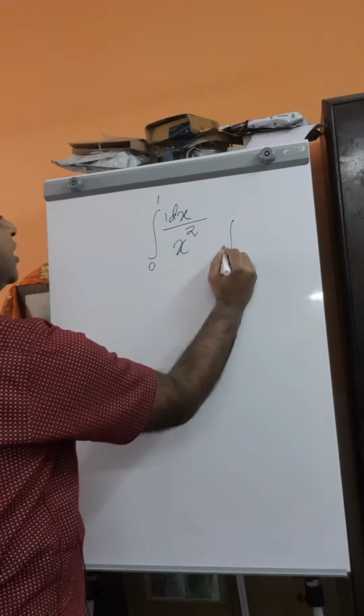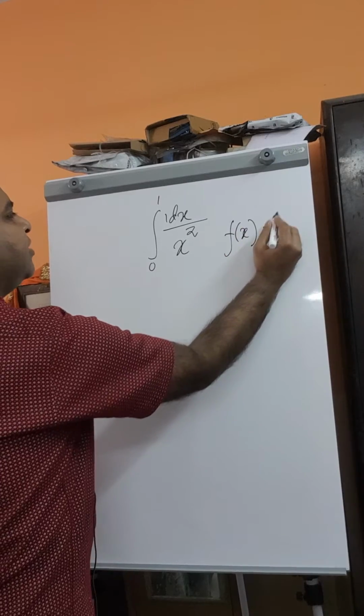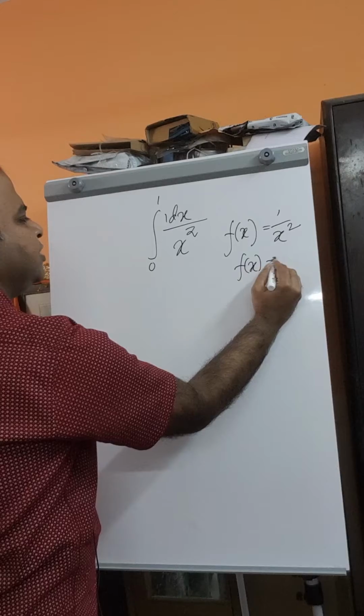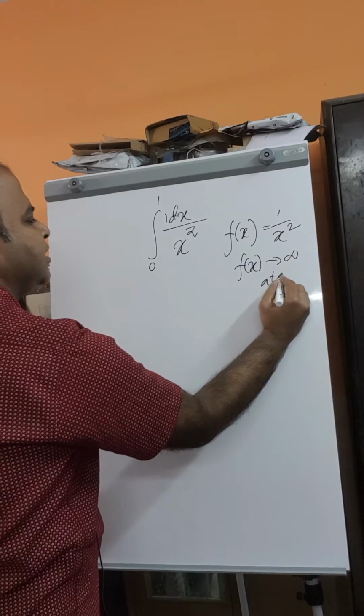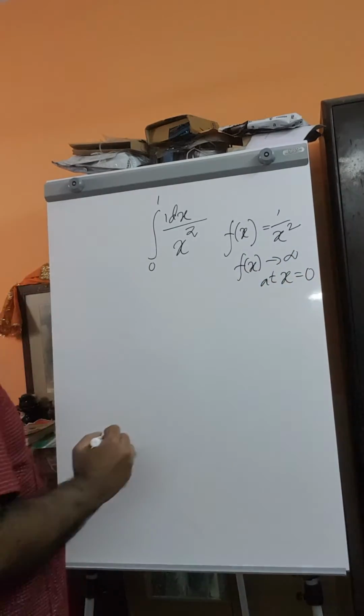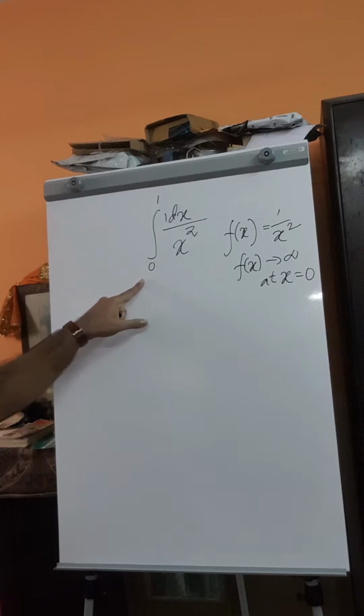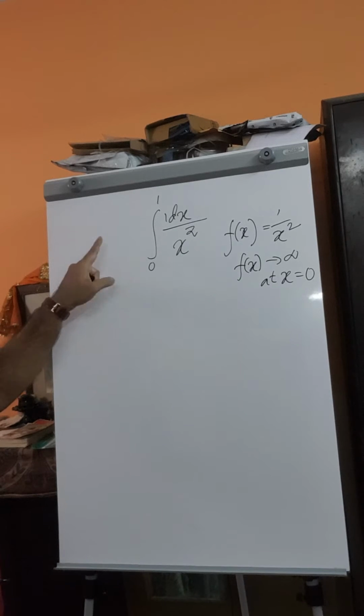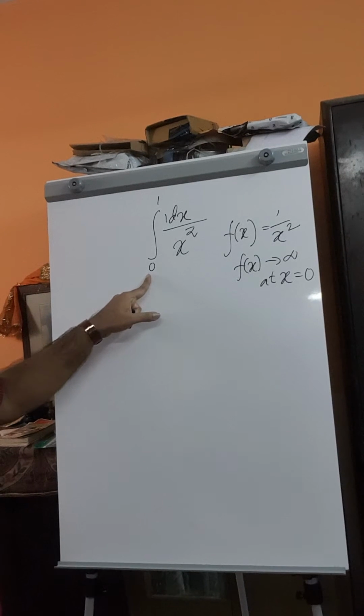Here f(x) tends to infinity at x equal to 0. So the inferior limit itself is the point of infinite discontinuity of f(x). So this comes under type 2 improper integral case 1, where 0 is the trouble point.